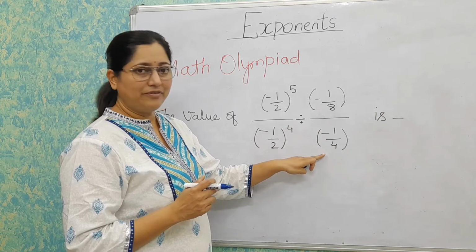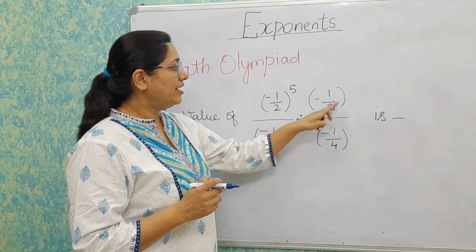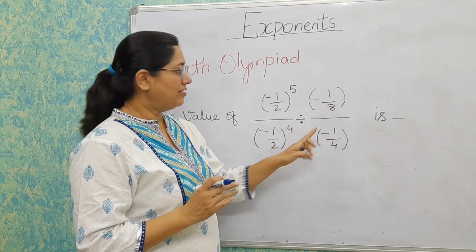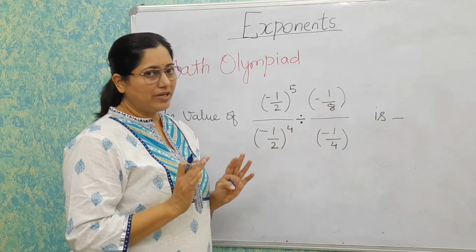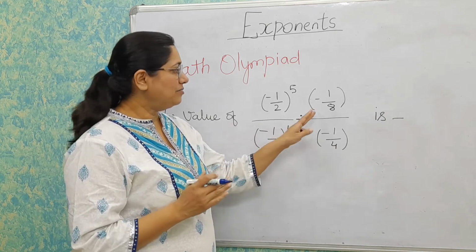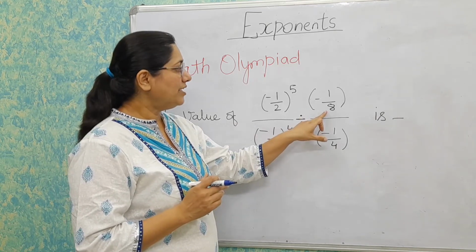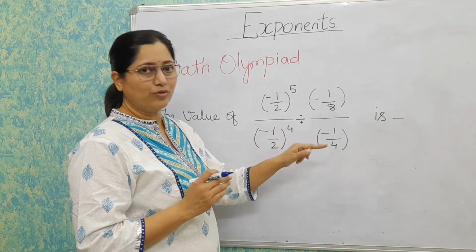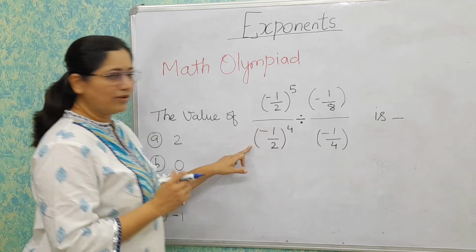Both the bases are different and exponents are not there. Still we can say exponent as 1. But bases are different, so we cannot apply law of exponents. But still we can try to make the bases same, because 8 can be written as 2 multiplied by 4. 2 4s are 8. So first we will solve this one.